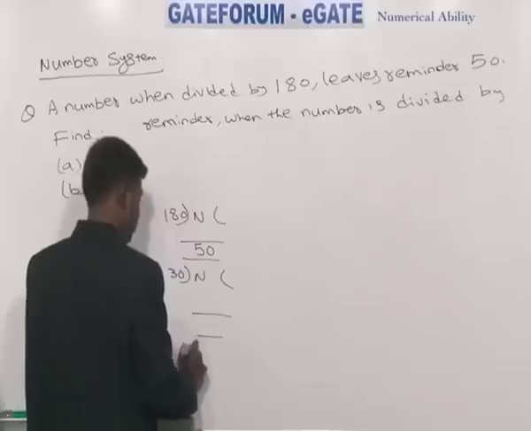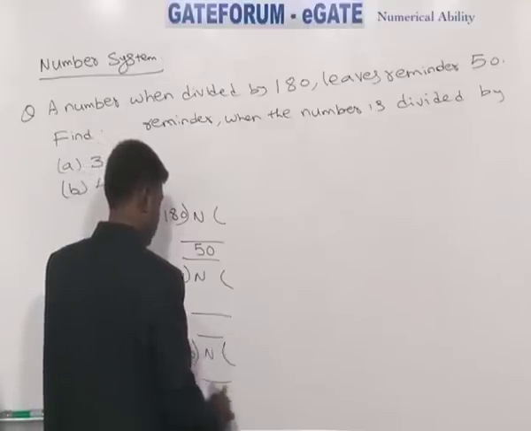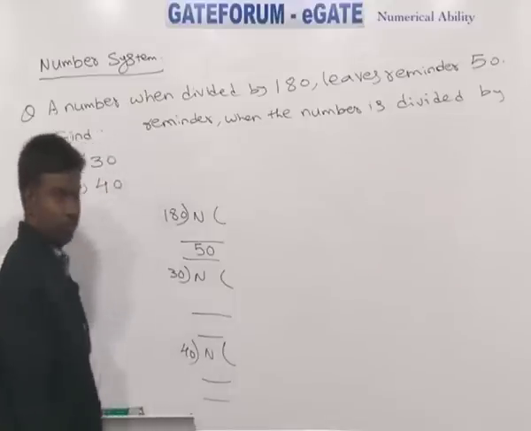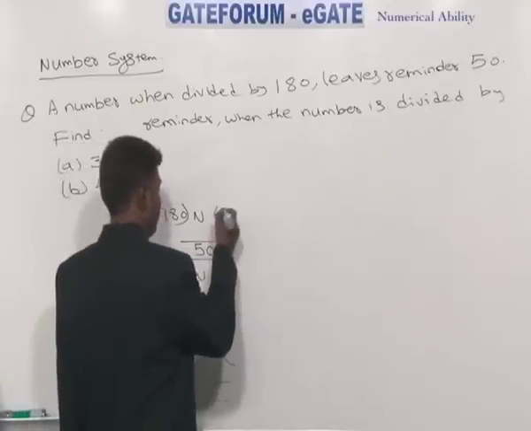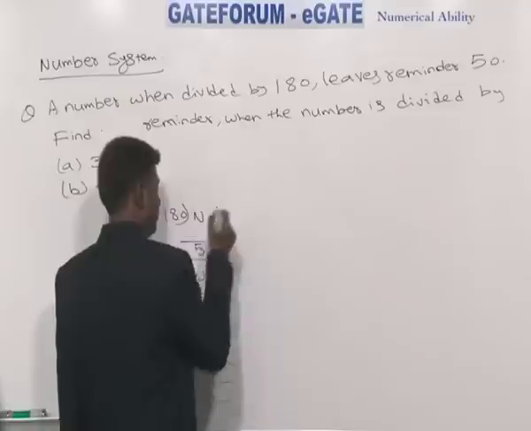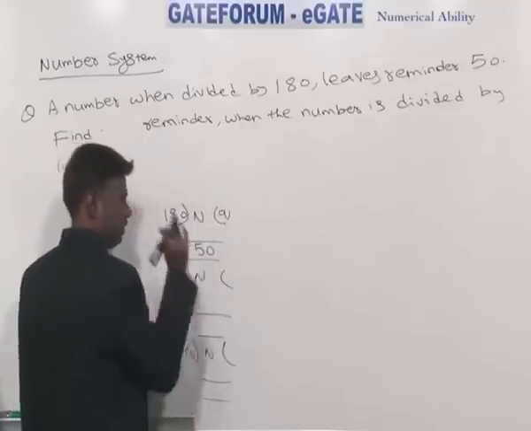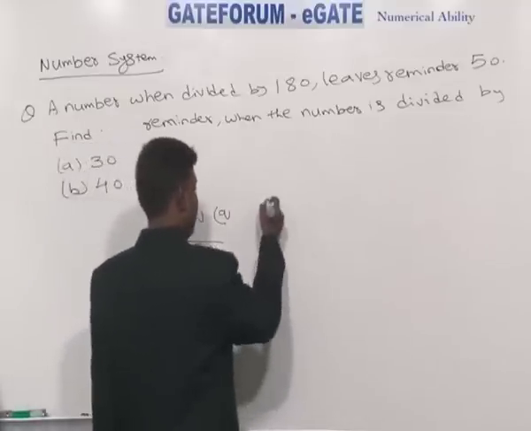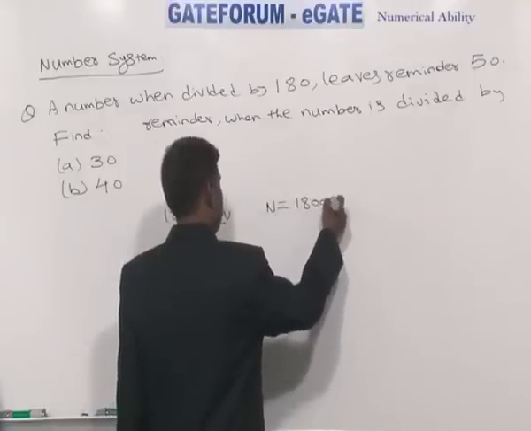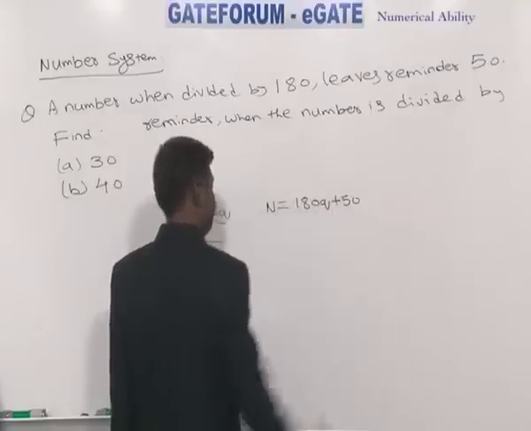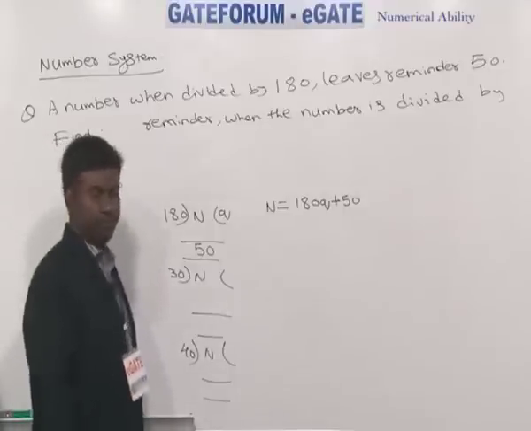Similarly, if the same number is divided by 40, what is going to be the remainder? Let us say quotient is q. Now how do you express n in terms of 180, q and 50? N is equal to 180q plus 50, right?